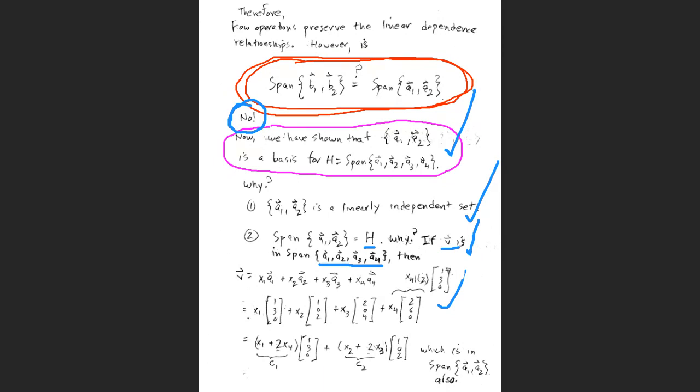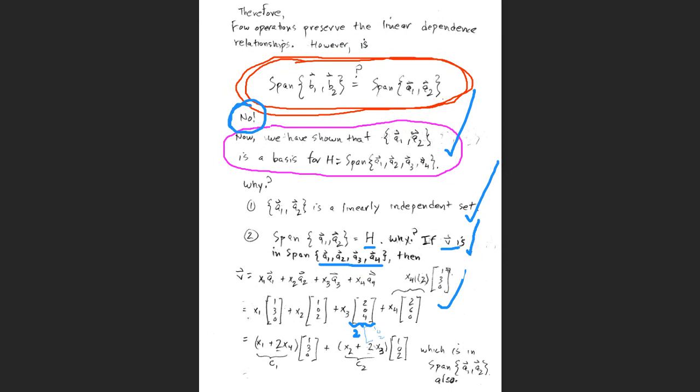Okay, so let me just add something in here. The vector 2, 0, 4, this vector here, is the same as 2 times the vector 1, 0, 2.